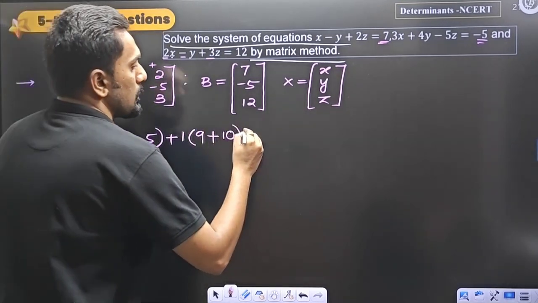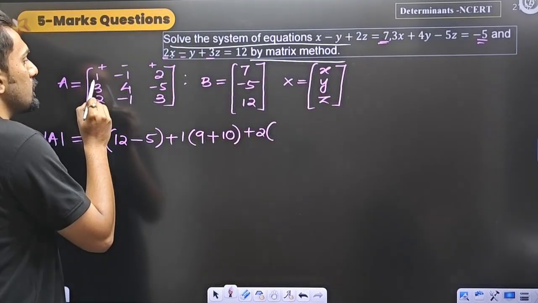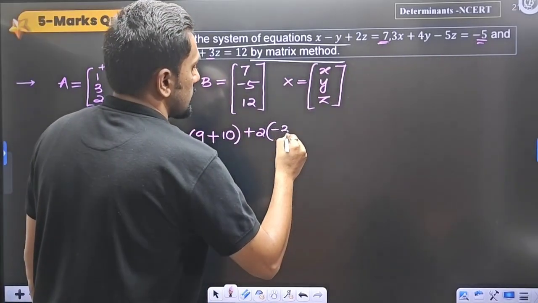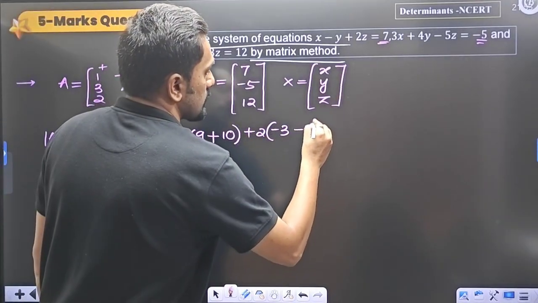Then plus 2 multiplied by 3 into minus 1 is minus 3, minus 2 into 4 is 8.